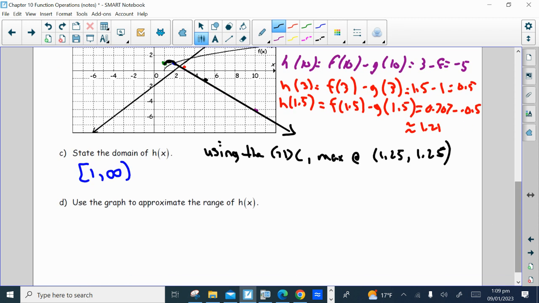Which means that our range would be that y must be less than or equal to 1.25, or using interval notation, from negative infinity to positive 1.25. So this could only be found by using the graphing calculator.